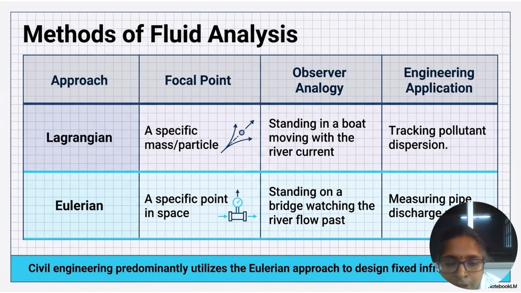In Eulerian approach, it is a specific point in space, for example standing on a bridge watching the river flow past, and the application is measuring pipe discharges. So mostly civil engineering practices utilize the Eulerian approach to design fixed infrastructure.